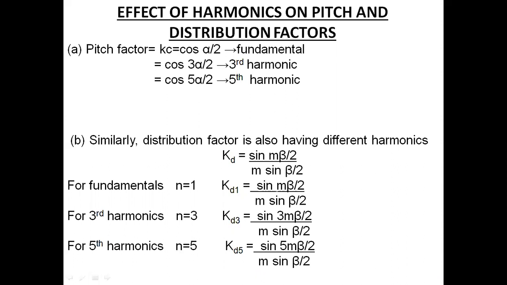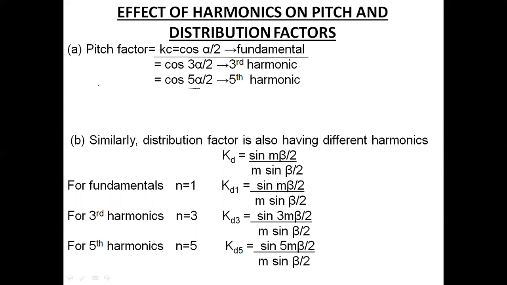So the pitch factor Kc for the fundamental without considering any harmonics is cos alpha by 2, you all know. Kc is equal to cos alpha by 2 for fundamental. If third harmonic is considered, multiply alpha with 3, so cos 3 alpha by 2. And for fifth harmonic, it is cos 5 alpha by 2. Okay, so this is the pitch factor.